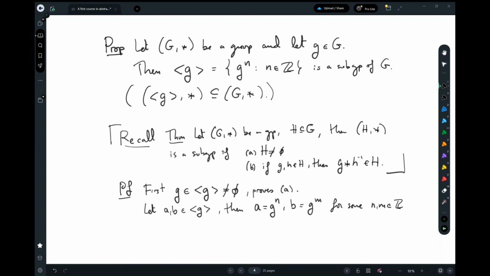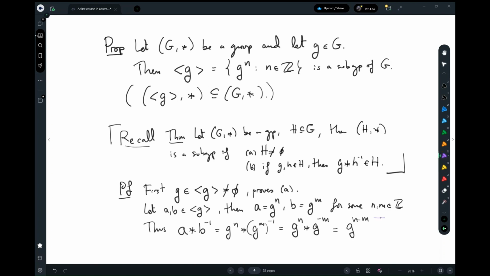And therefore, how much is a star b inverse? That will be g to the n star g to the m inverse, and that is g to the n star g to the minus m. And by the way the powers were defined, this is g to the n minus m.